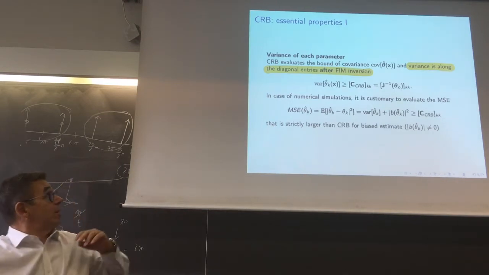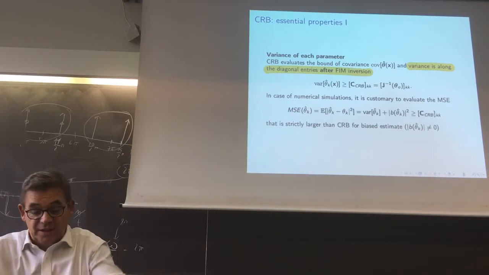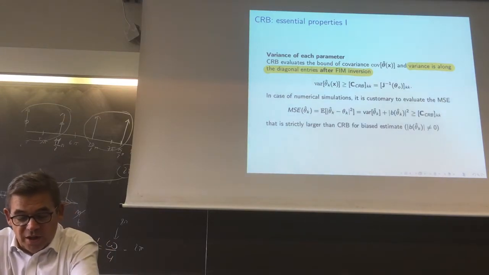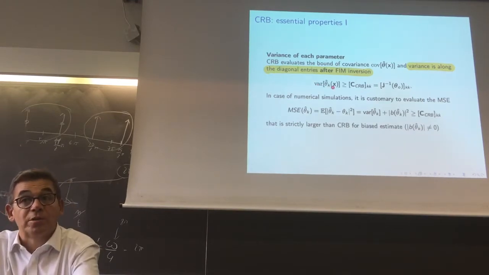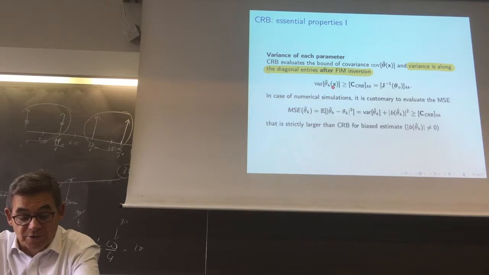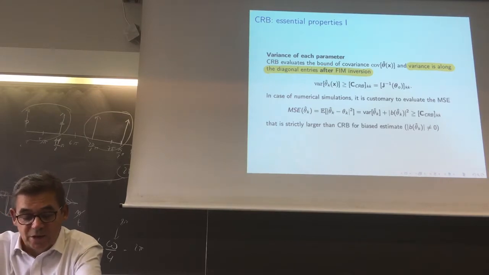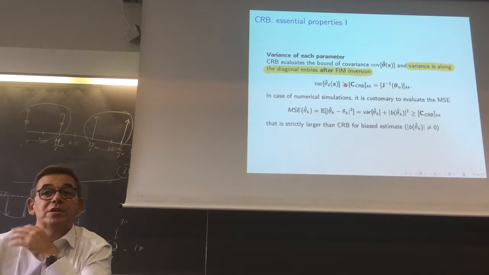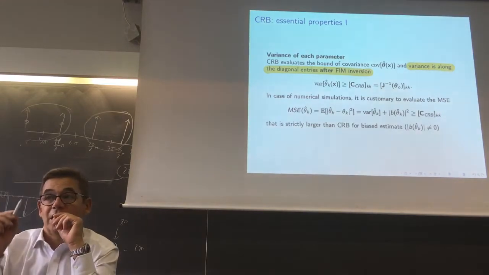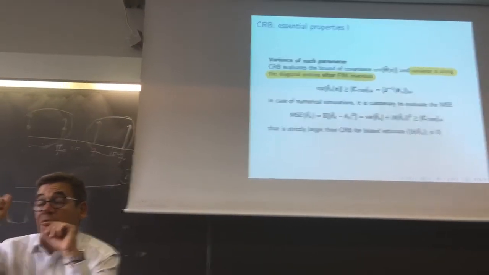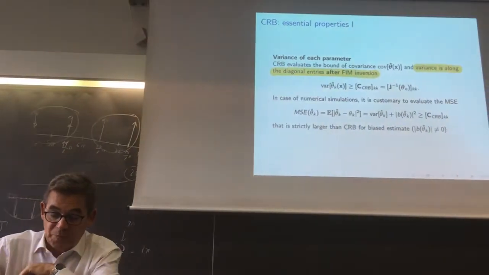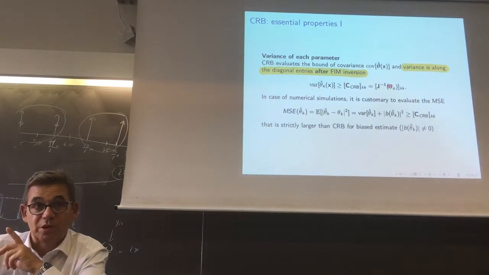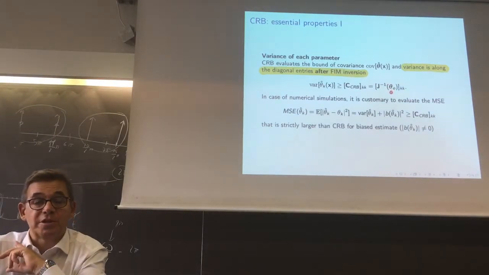Now, the property that we have seen, just to refresh, was that the variance of any estimator for a certain number of observations x is always larger or equal than the grammar of bound: the element extracted in the k position, which is obtained by the inverse of the Fisher information matrix on the parameter theta 0.